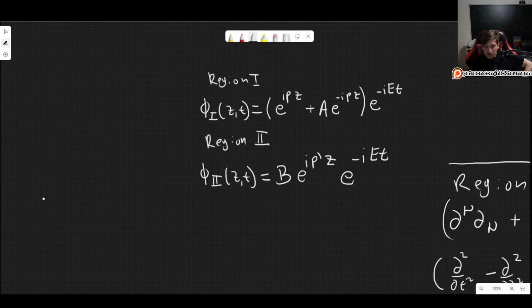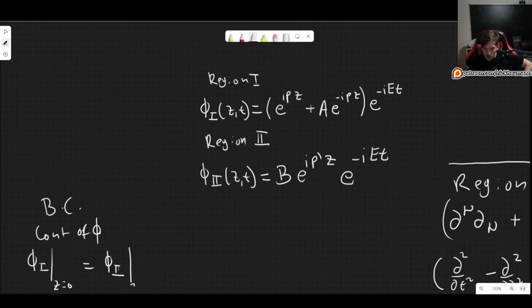So boundary conditions. Of course, we have continuity of phi. In that case, we want phi 1 evaluated at z equals 0 to be equal to phi 2 evaluated at z equals 0. So let's do that.